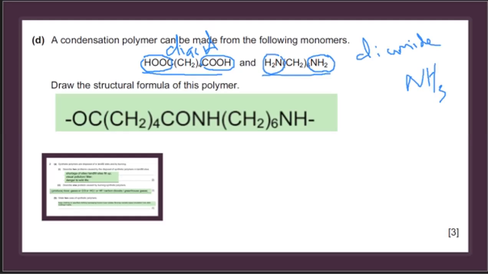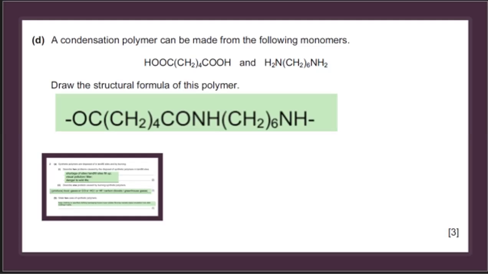So let me clear that. All right, so if I remove the OH from this structure and hydrogen from this structure, water is being removed. Oxygen, hydrogen, and hydrogen is being removed.